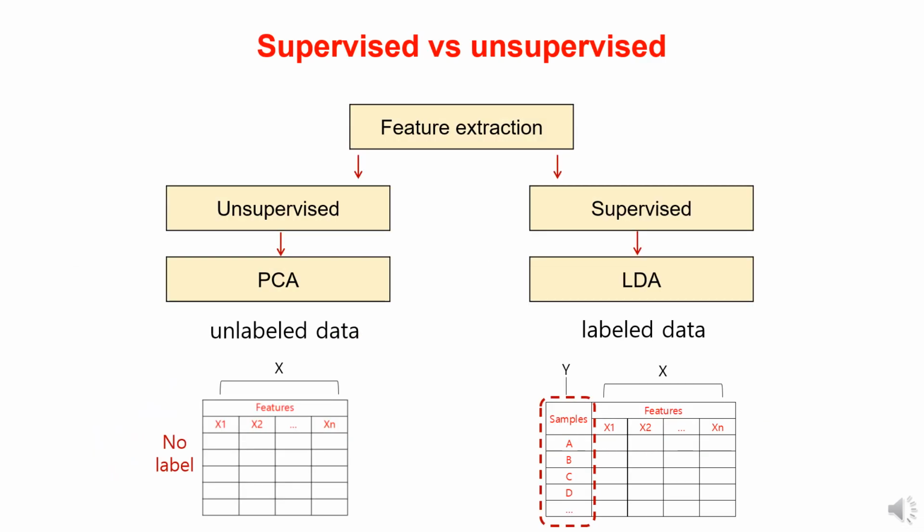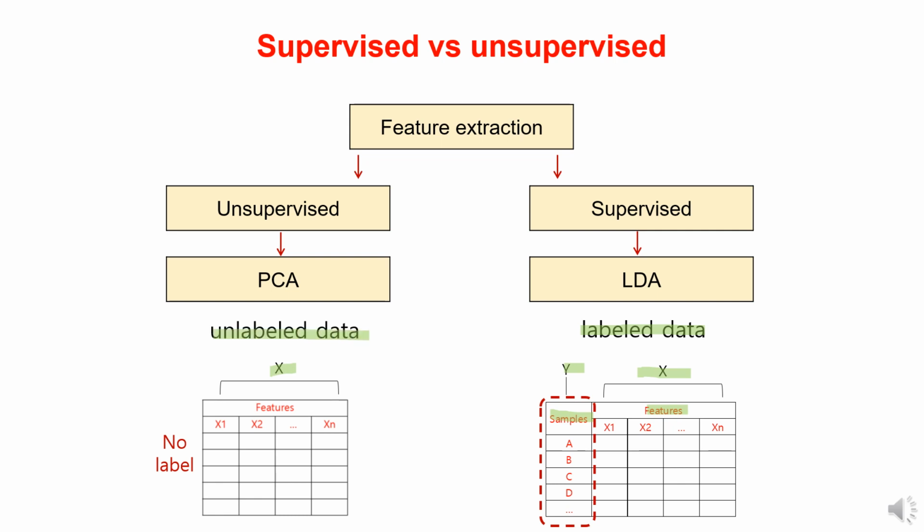Before introducing PCA and LDA in the upcoming video, let me briefly explain them. Data used for training artificial intelligence models consist of X, representing the features, and Y, representing the labels or classes. Therefore, data that includes both X and Y is called labeled data, while data that only contains X is called unlabeled data.